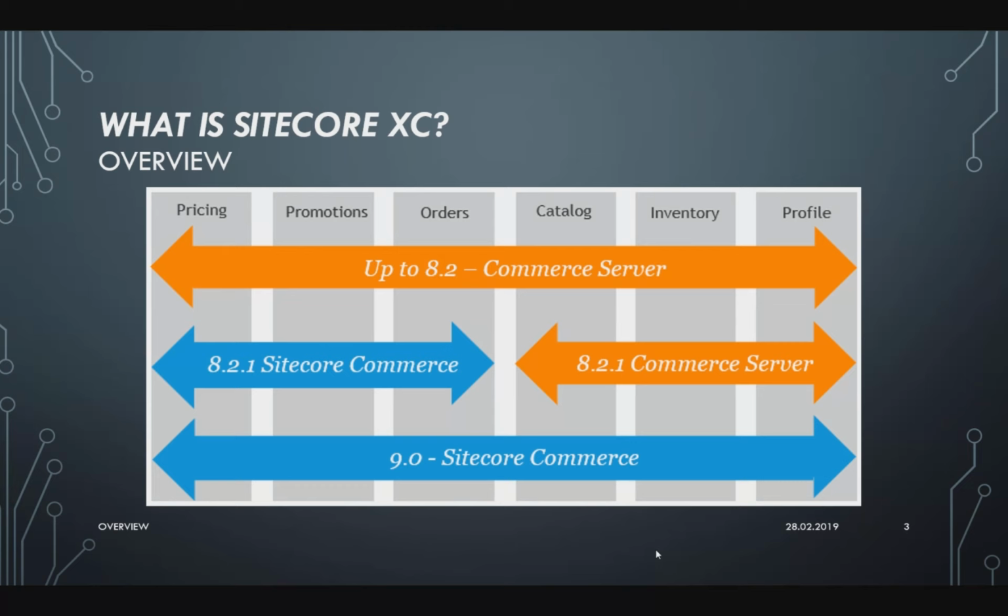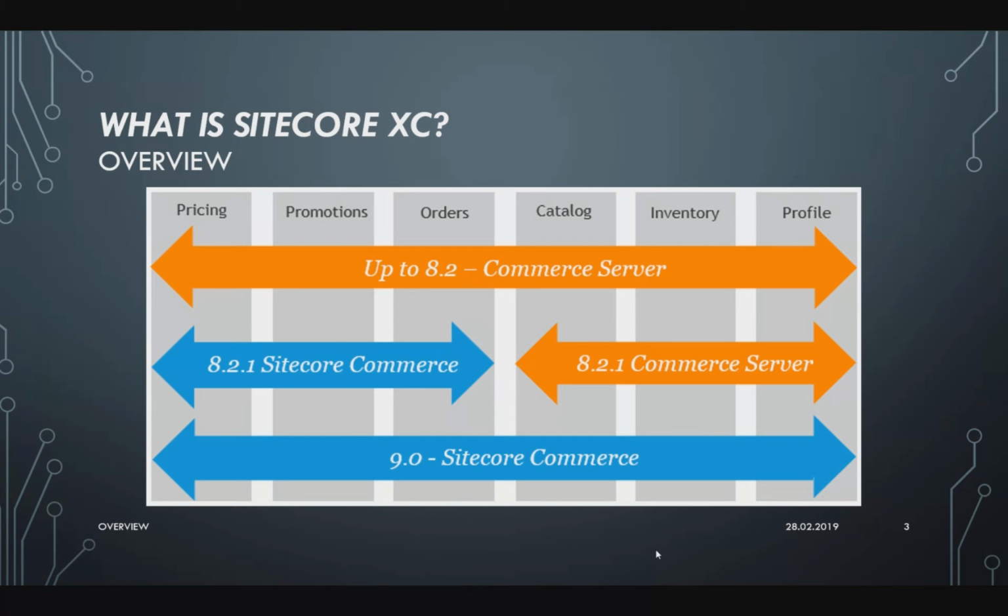With the new release of 8.2.1, Sitecore introduced a completely reworked commerce engine system, in a hybrid mode with this old Microsoft legacy commerce server. So this was the first approach of getting a foothold in that topic, Sitecore Commerce, on its own. And 1 year ago, we had the release of version 9.0 and nowadays 9.0.3, which completely finalized the transformation from this old Microsoft server to the new commerce engine.